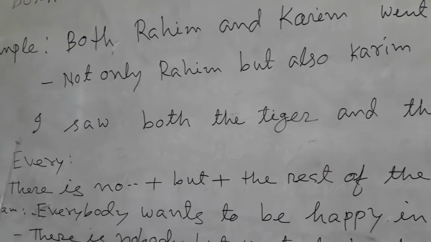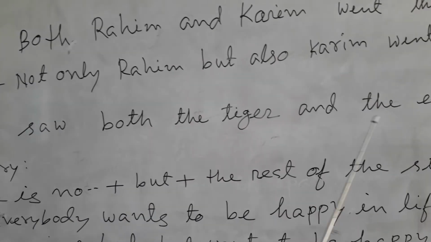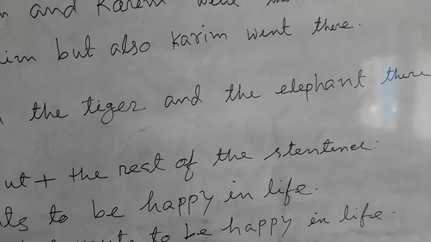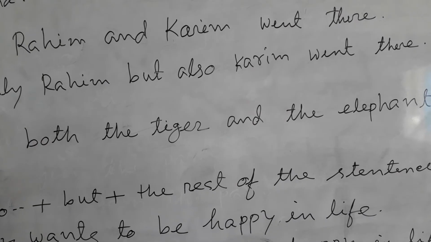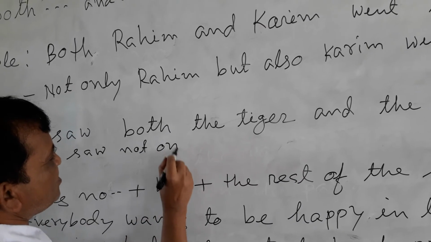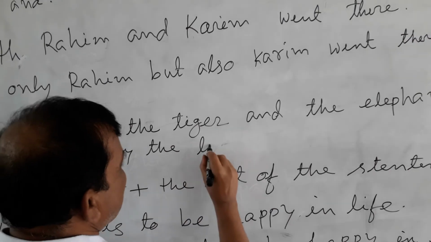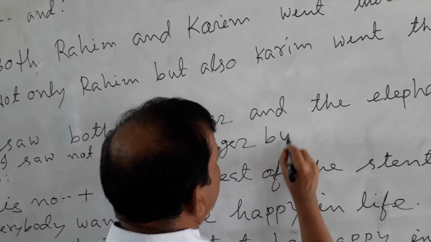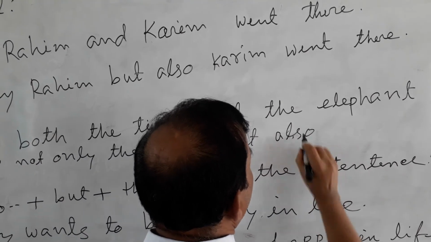Another example: I saw both the tiger and the elephant there. The sentence will be: I saw not only the tiger but also the elephant.